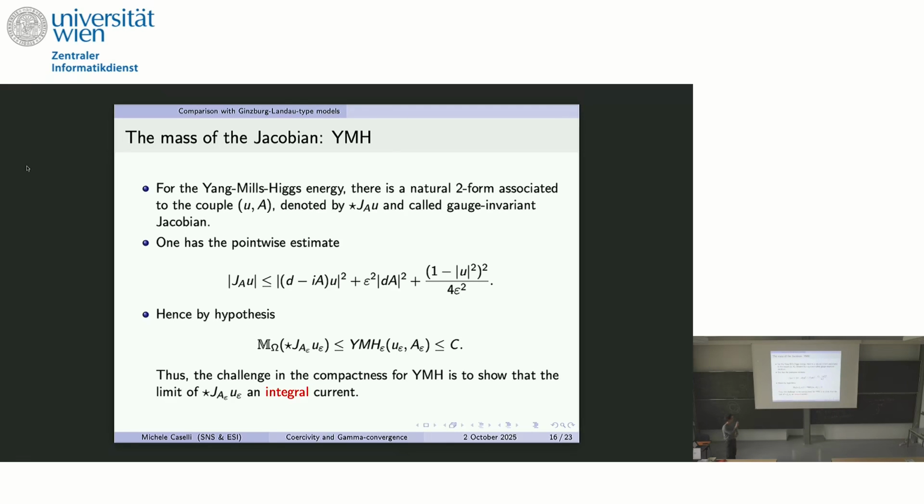So in the result by Parise, Pigati, and Stern, the non-trivial part is not that a subsequence of the Jacobians converges, which is something that in our setting is already difficult. The challenge, their compactness result in the gamma convergence, is that the limit is an integral current.